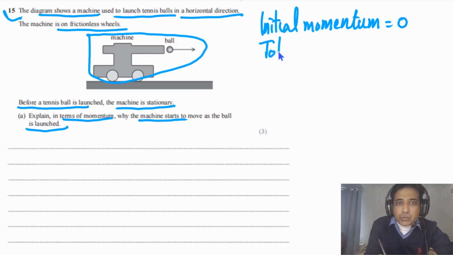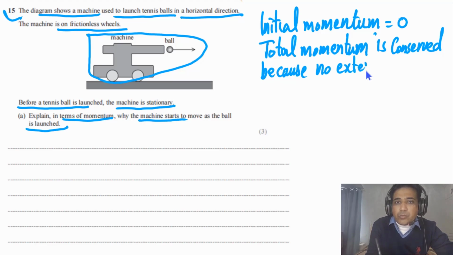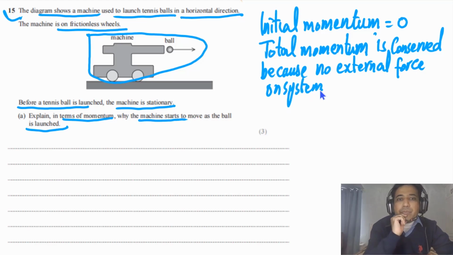So we can say total momentum remains constant, means total momentum of the system is conserved because there is no external force on the system along the horizontal. So this is the second point you can write down.